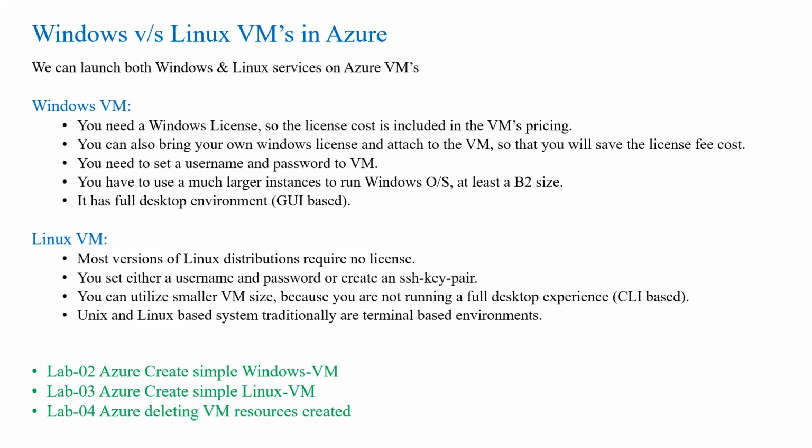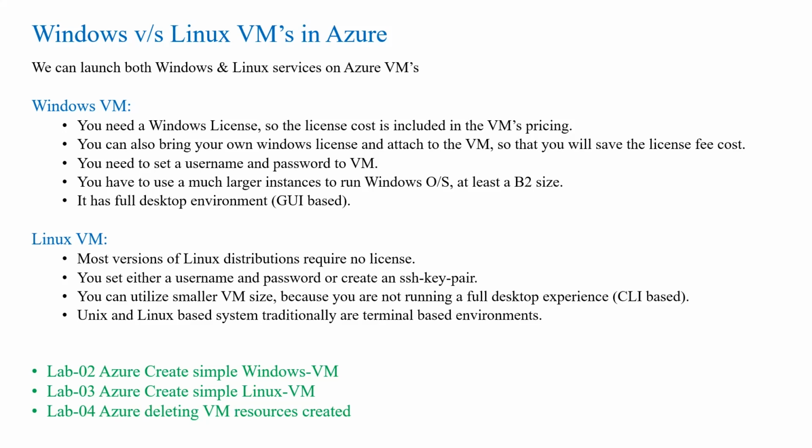What does that mean? That means if you are creating a Windows 2019 or Windows 10 virtual machine, and you already have a Windows 10 or Windows 2019 license, you can opt for it, saying that you already have a license. You can include that license so that the additional extra cost will not be added.